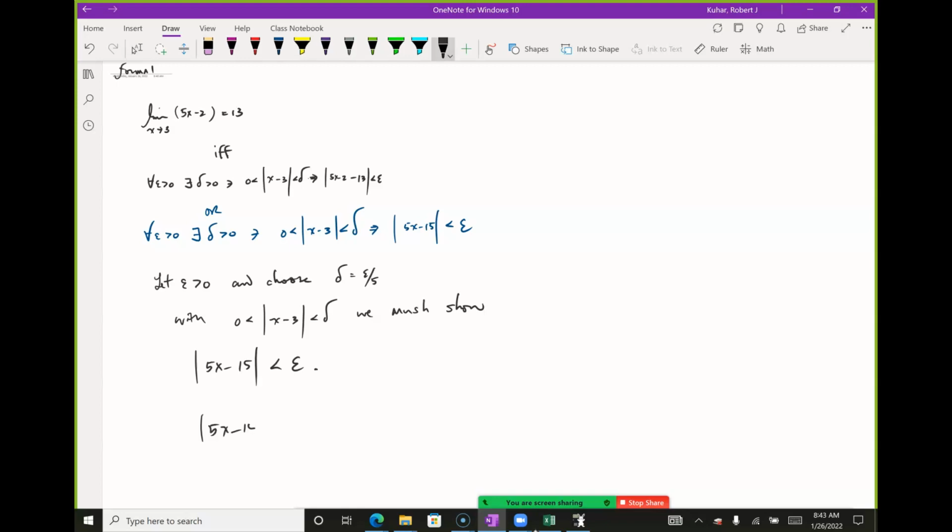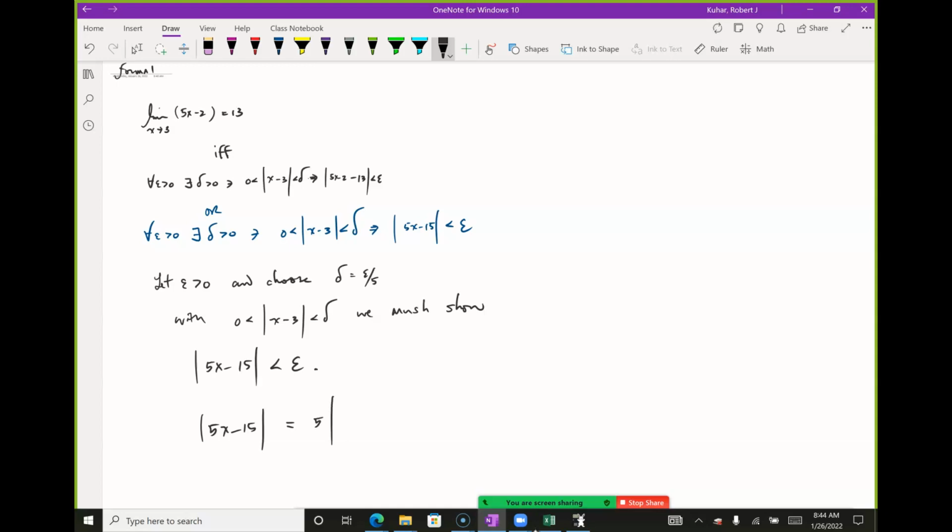Does anybody have a mathematical instinct here? Do you see anything I can do here? Begins with an F and ends with an actor. Factor. Factor, very good.